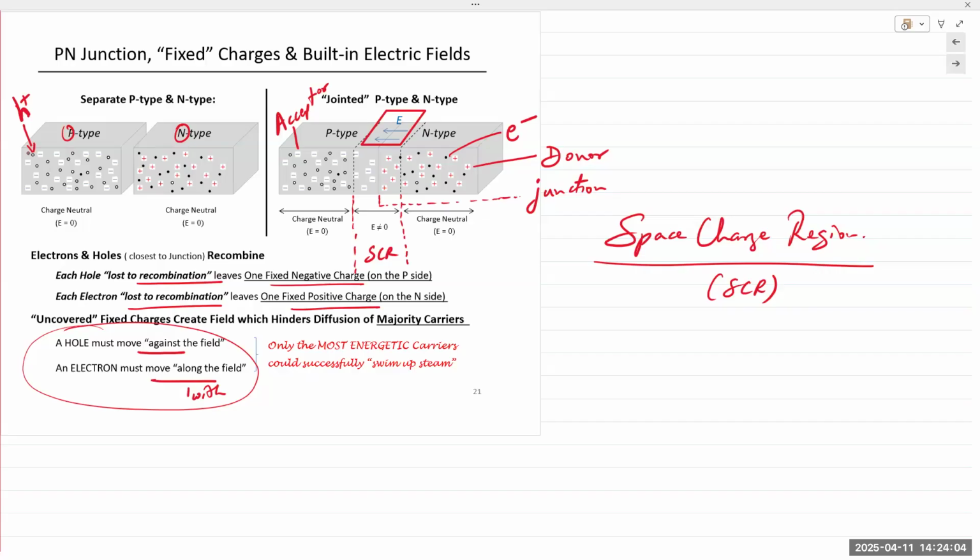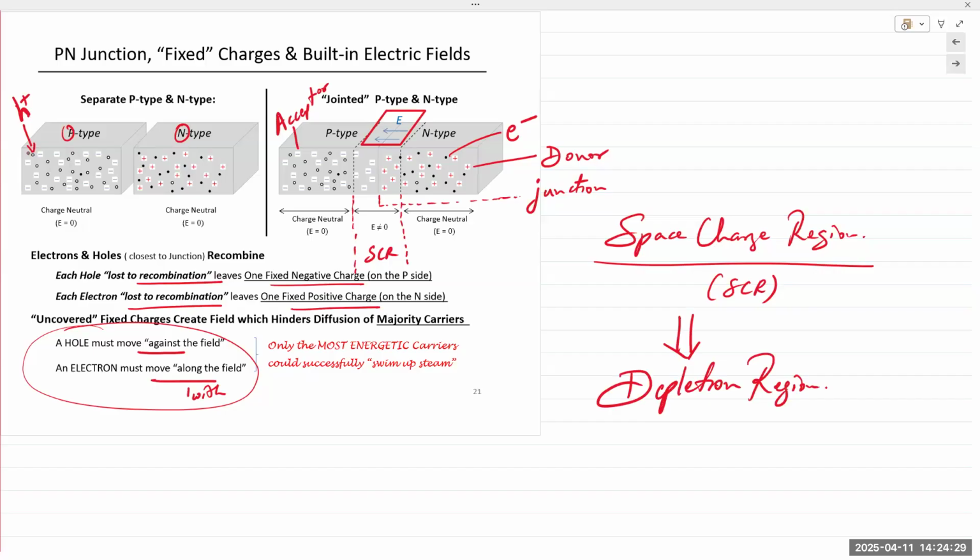And hence, this is very commonly known as the depletion region. The space charge region would be considered the more technical term, and the depletion region is typically used across all books, all authors.